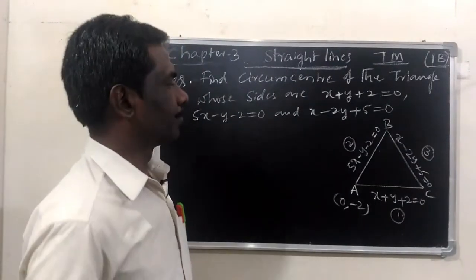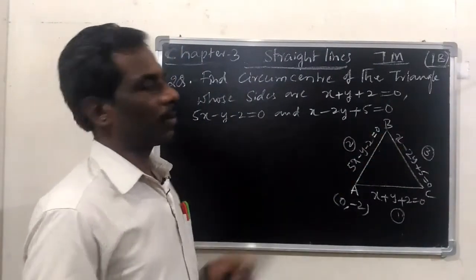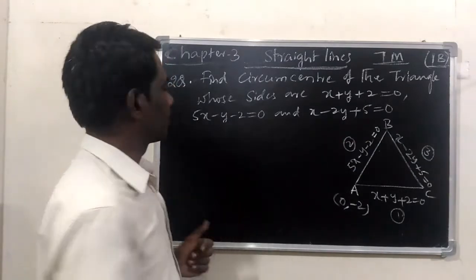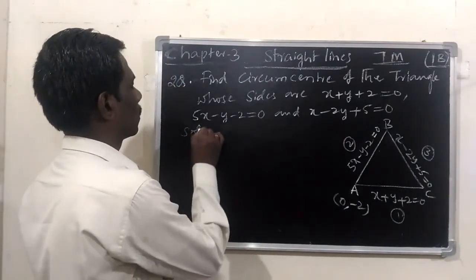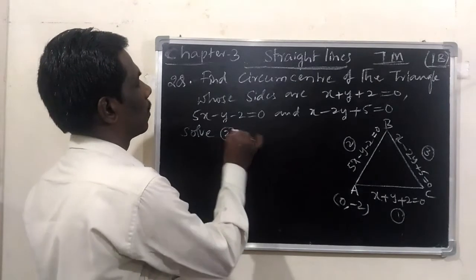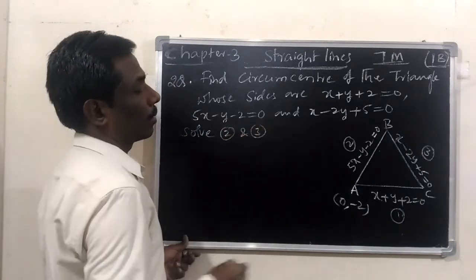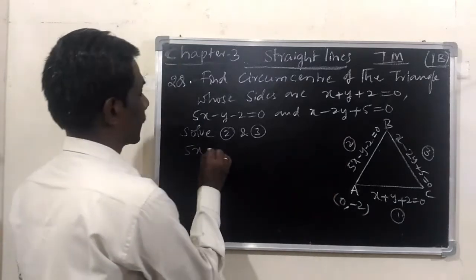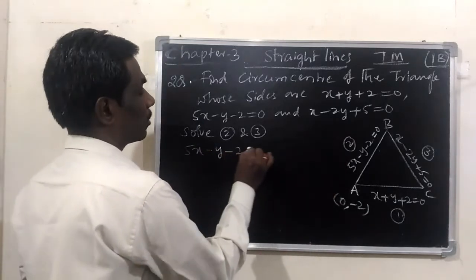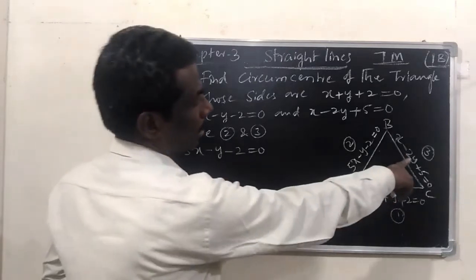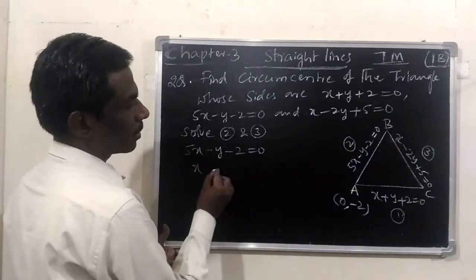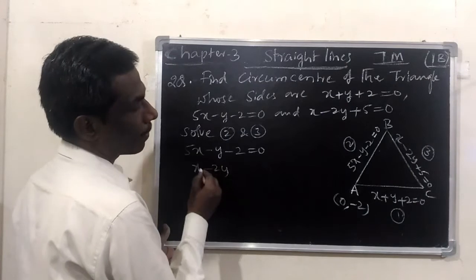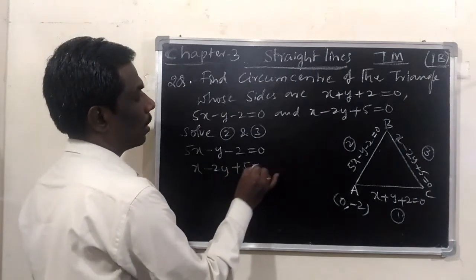Now I am going to solve the second and third equations to get the B value. Solve 2 and 3. The second equation is 5x minus y minus 2 equal to 0, and the third equation is x minus 2y plus 5 equal to 0.